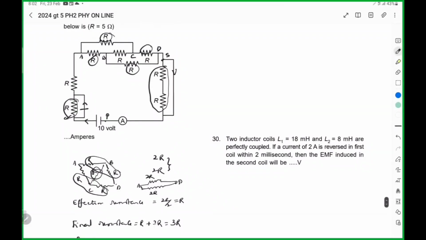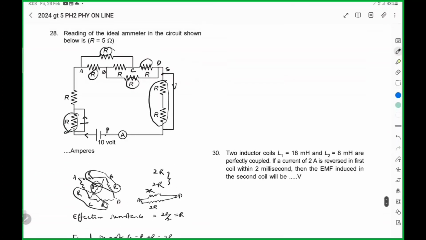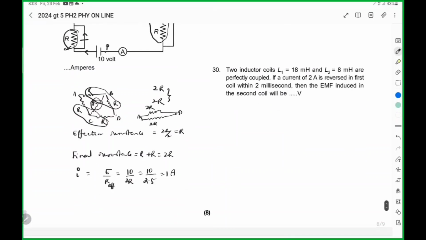Sorry, R plus R. Effective resistance is R, and there is another resistance R, which is 2R. So here it is 10 by 2R. Resistance is given as 5 ohms. The current which flows through the circuit is 1 ampere. So ammeter reading is 1 ampere.